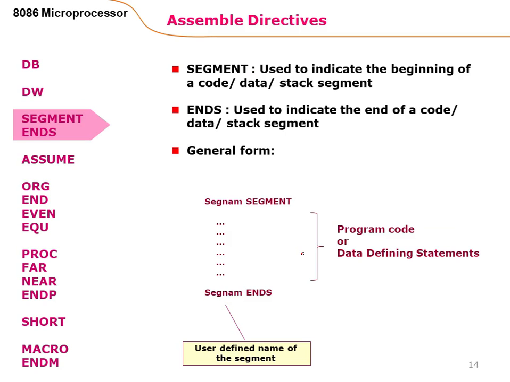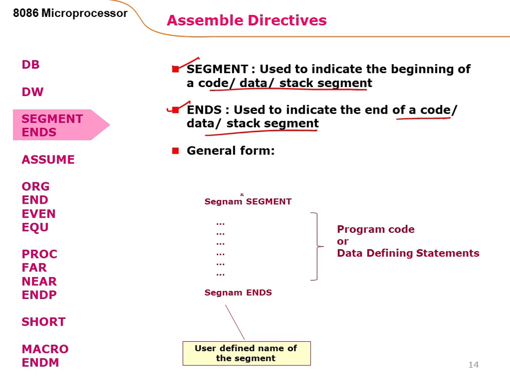Next is SEGMENT and ENDS. Here the segment directive is used to indicate the beginning or start of the code, data or stack segment, and ENDS is used to indicate the end of the code, data or stack segment. So here is the general form.